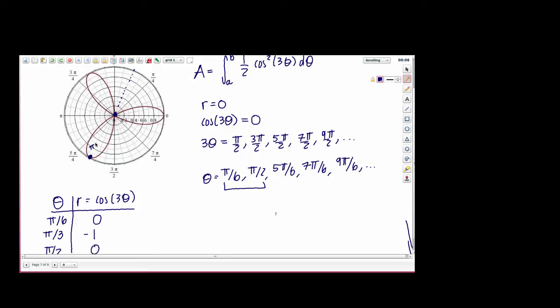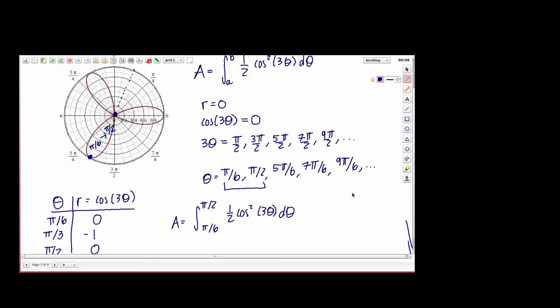So this is my pi over 6 to pi over 2 loop, which tells me that for my area, I can say integral pi over 6 to pi over 2, 1/2 cosine squared 3 theta d theta.